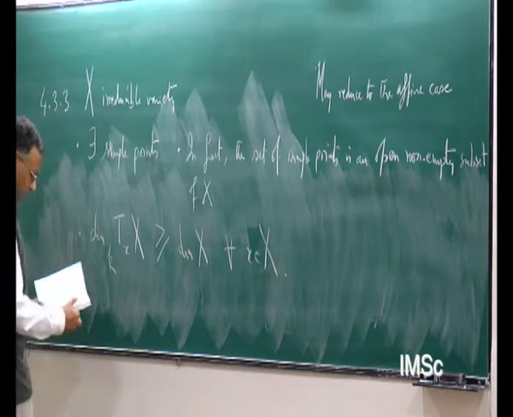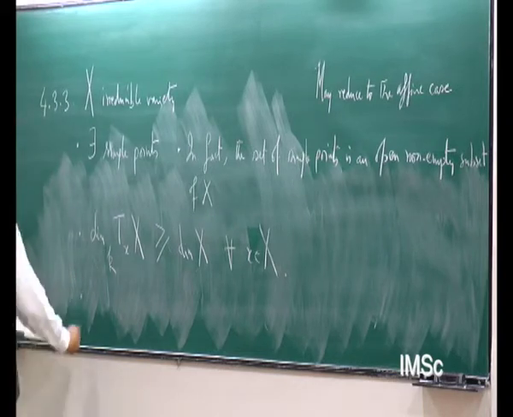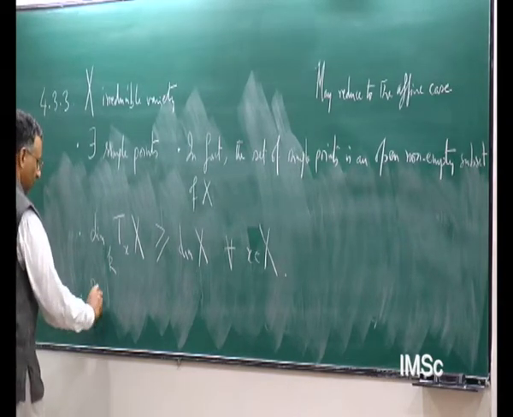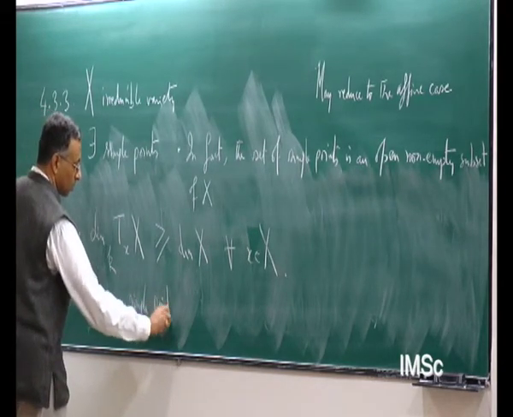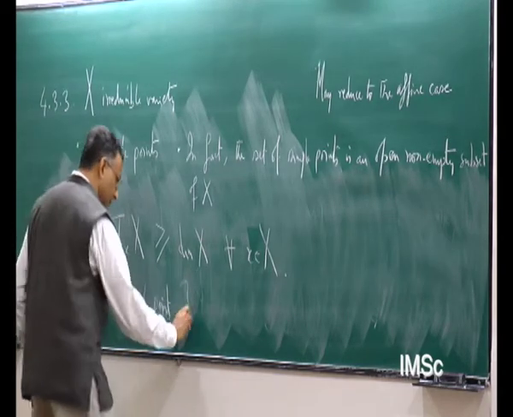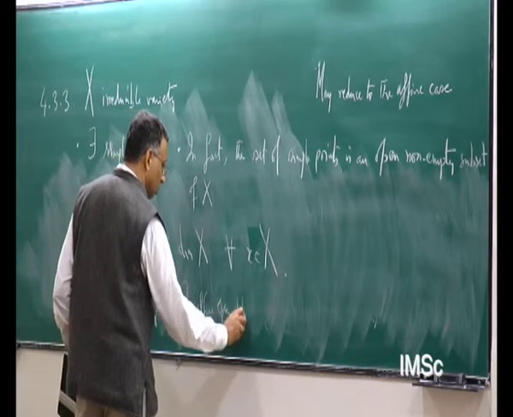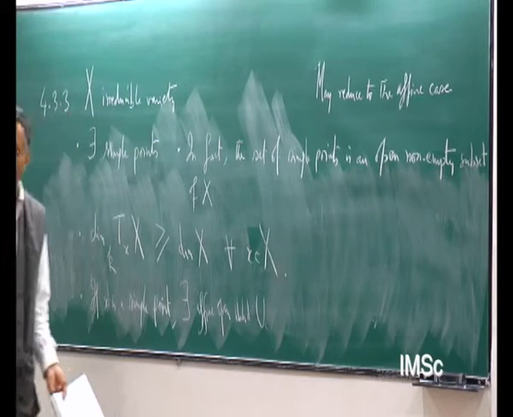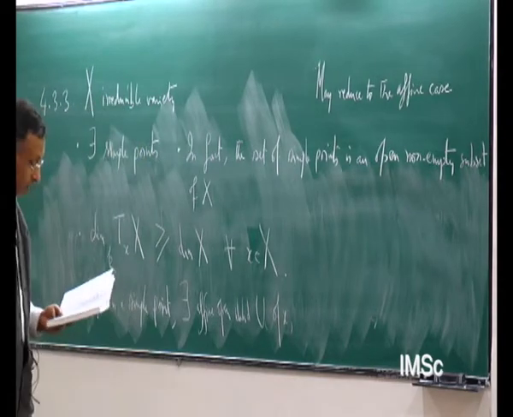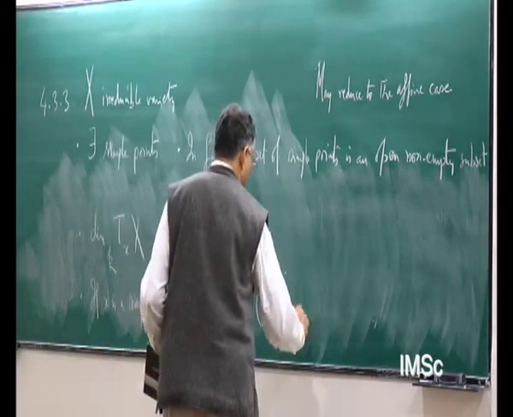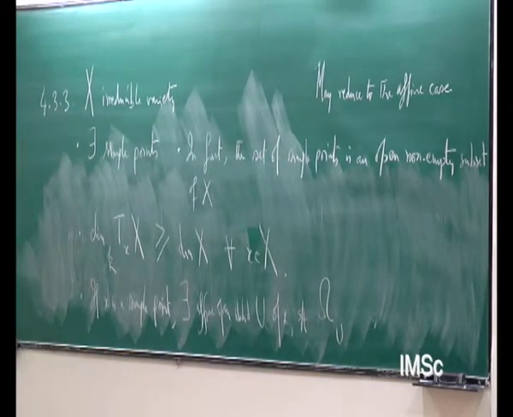But there is a little bit extra here. Okay, and the little bit extra is, if x is a simple point, there exists an affine open neighborhood U of x such that the universal module of differentials, right?